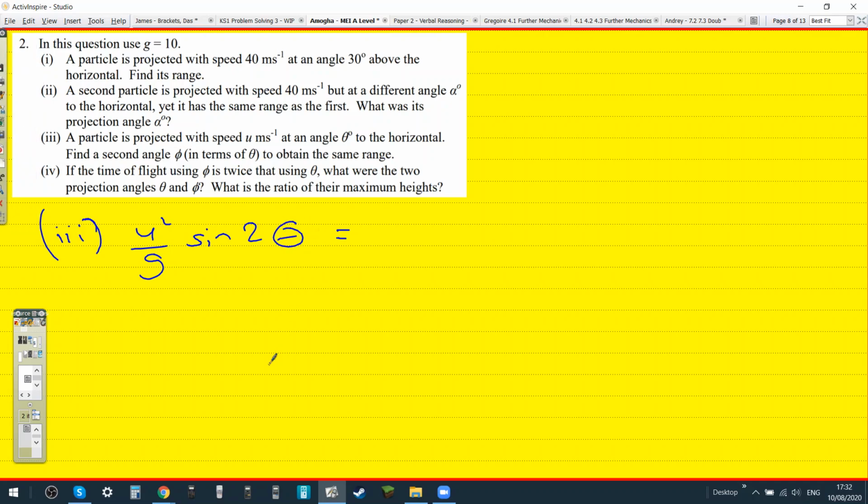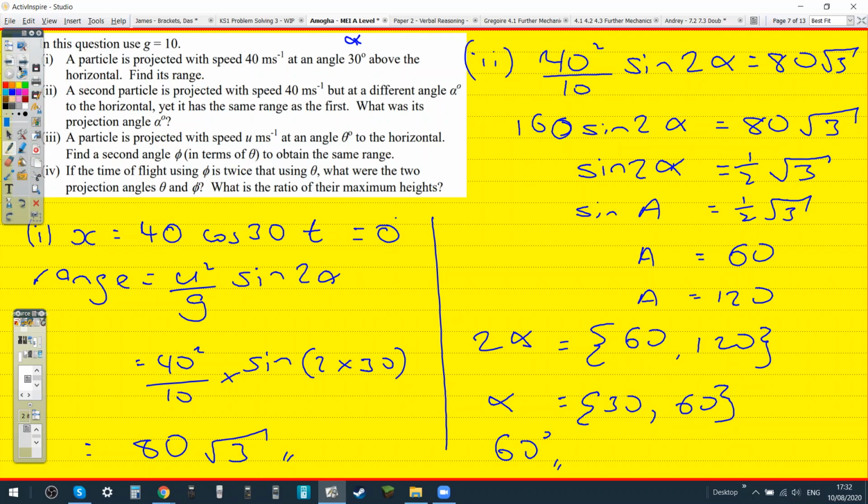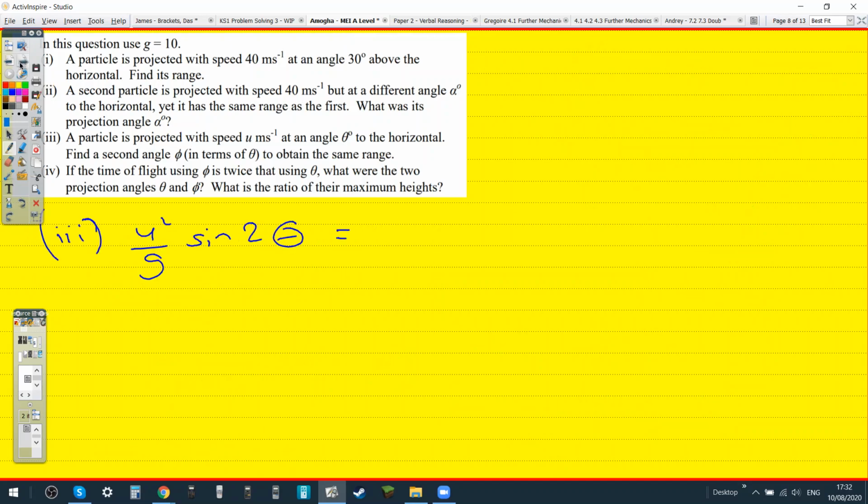Is equal to u squared over g sine of that letter that I don't know. Hang on. Because you want the range to be the same for both of them. So in that case, it'd be like 180 minus, is that right? Yeah, I think so. 180 minus theta over 2.